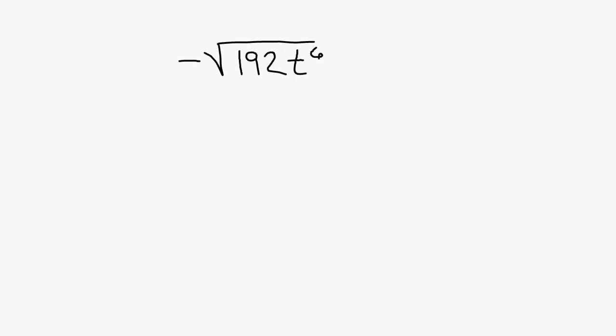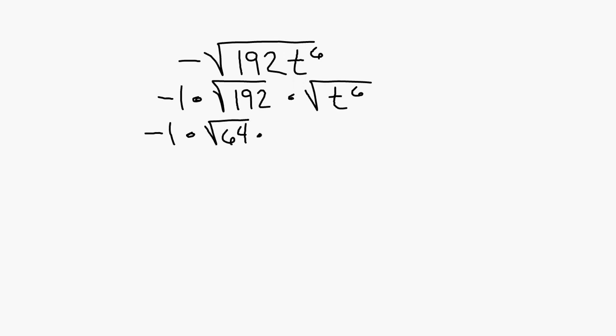You make it negative 1 times square root of 192 times square root of t to the sixth. Which is negative 1 times 192. Largest perfect square that goes into 192. 64. Good. Radical 64 times radical 3.